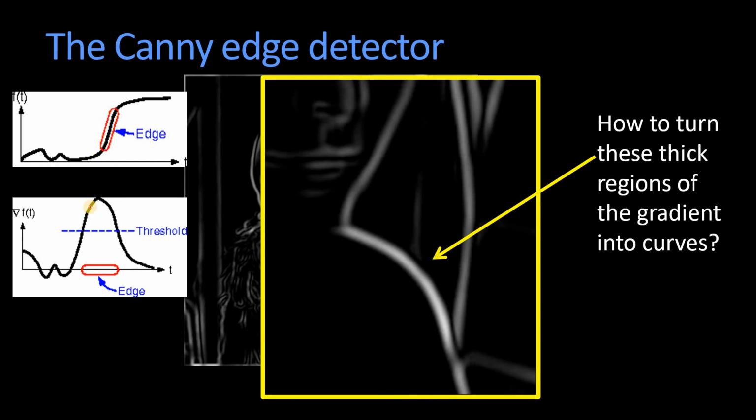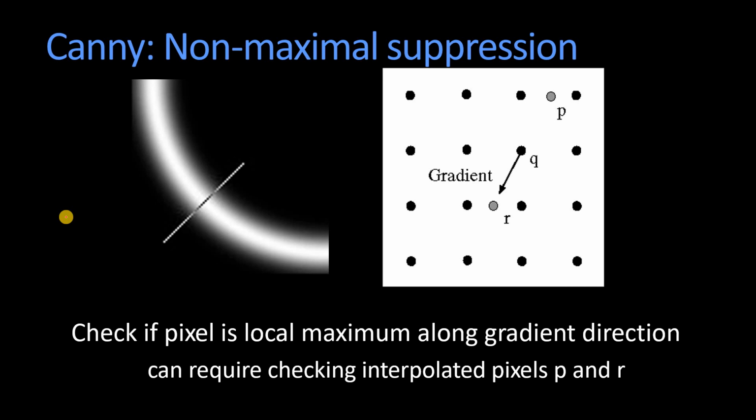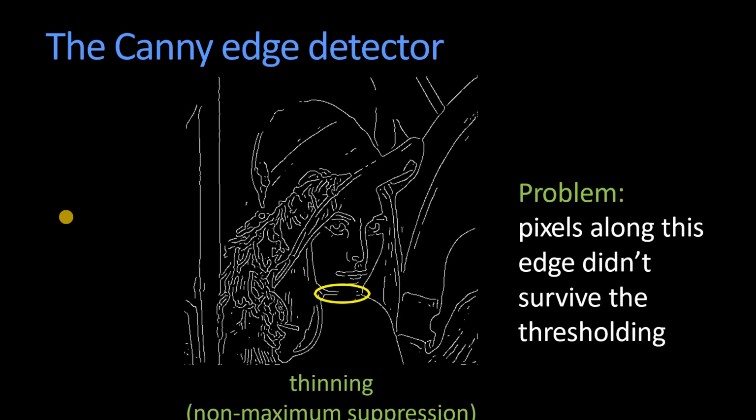So here it is in the Canny edge detection. When you want to detect the edge, your thresholding will only detect when the value of the pixel becomes more than your threshold, which can be maybe, for example, 200. Leave this discussion on non-maximal suppression. So here it is. You see, in the Canny edge detection, sometimes the pixels along this edge did not survive the thresholding.